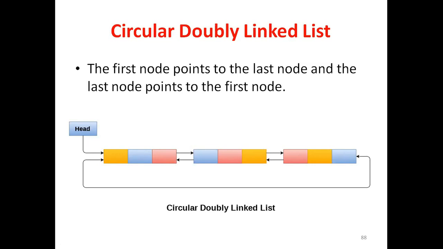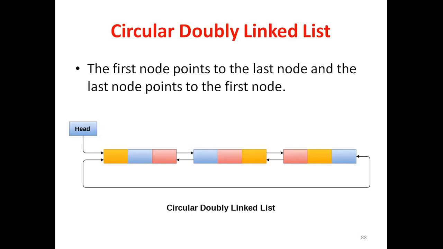And one more thing you should remember: in a circular linked list, whether it is a circular singly linked list or a circular doubly linked list, there is no null value. Null value is not used. Is there any null value here, students?